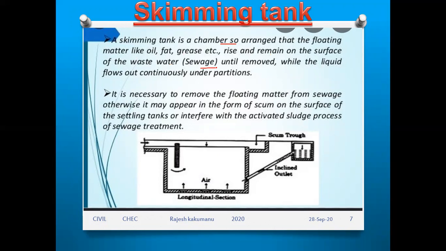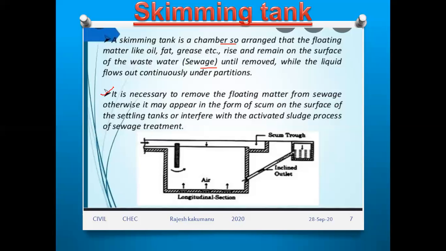So this is a medium to thick layer of grease, oils, acids, some chemicals, fat, etc., settling on the top surface of the water, which disturbs the flow of wastewater from one chamber to the other. This skimming tank helps to remove such waste material, and the fluid flows continuously under the partitions.